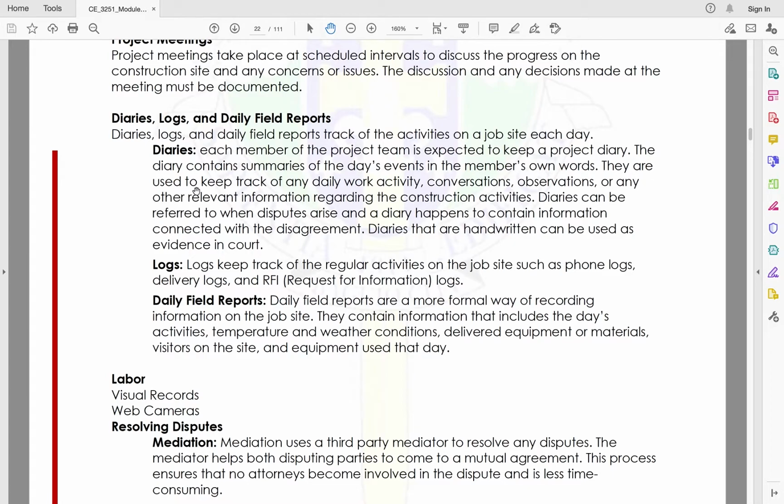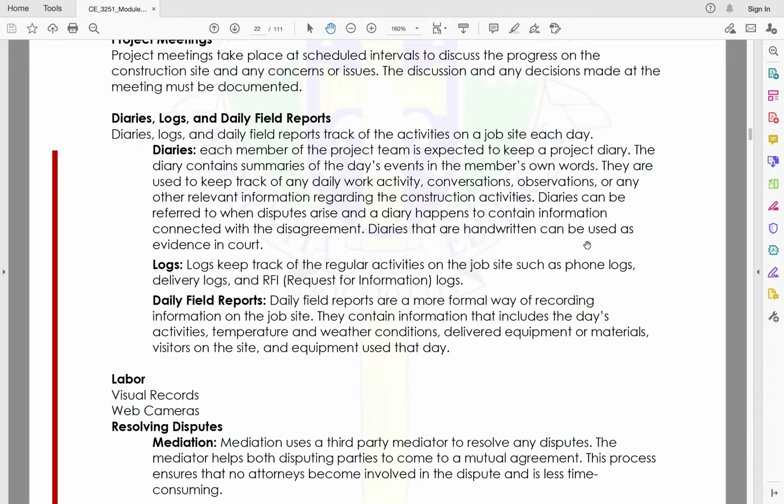So they are used to keep track of any daily work activity, conversation, observations, and other relevant information regarding the construction activities. Diaries can be referred to when disputes arise, and a diary happens to contain information connected with the disagreement. So diaries that are handwritten can be used as evidence in court.